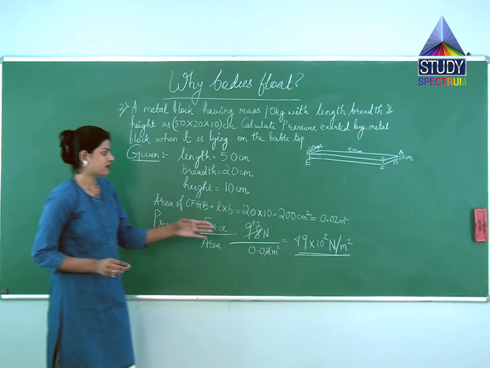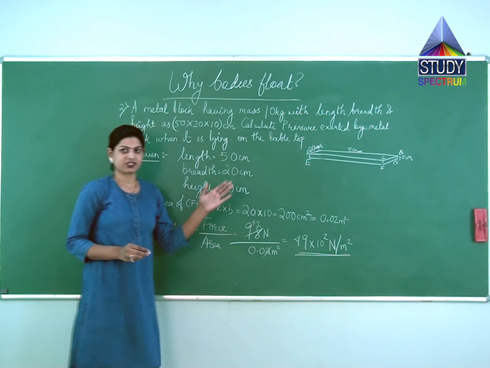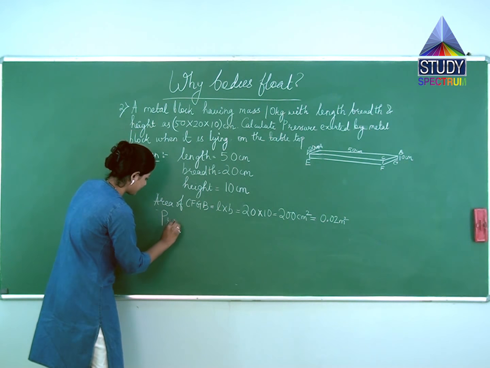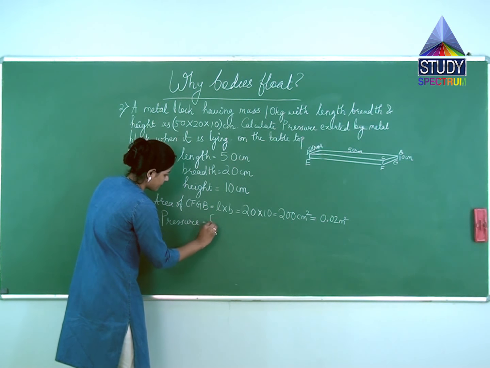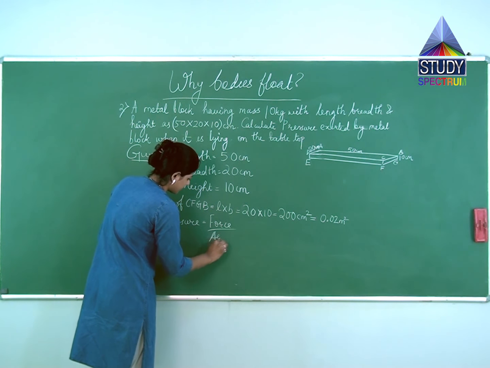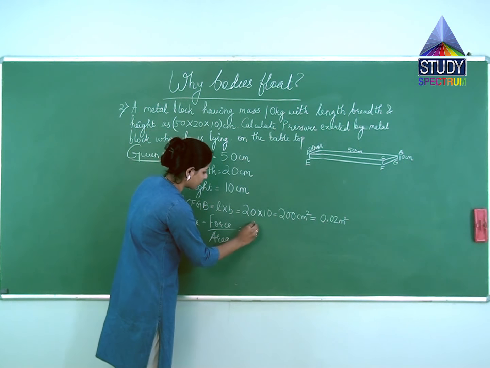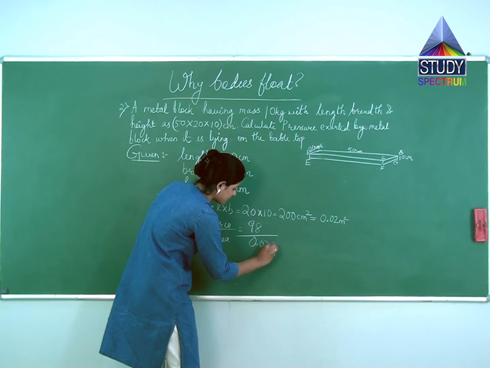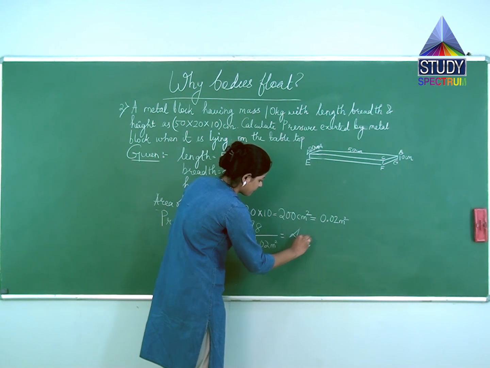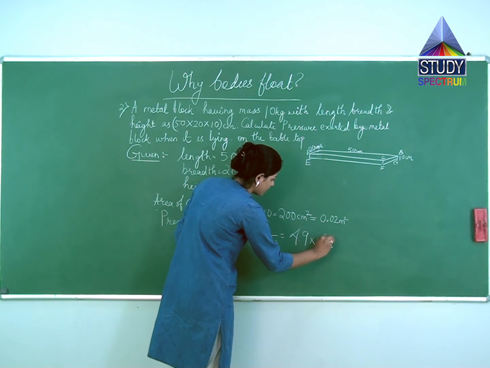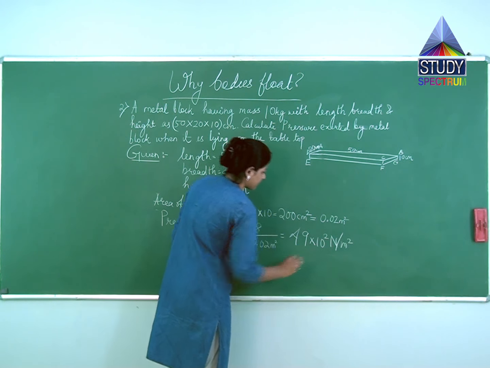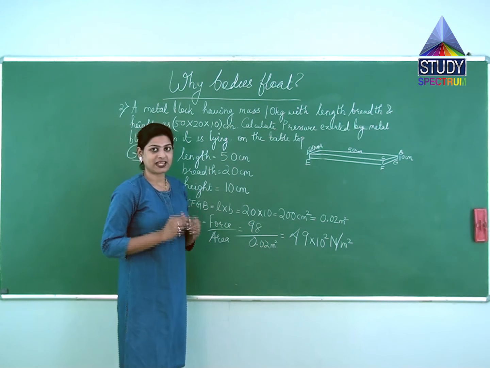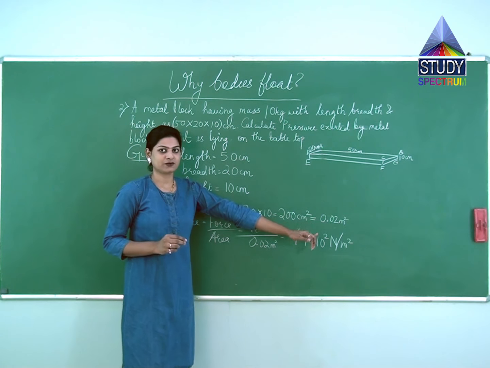This is the pressure exerted by the area CFBG on the surface of the table.